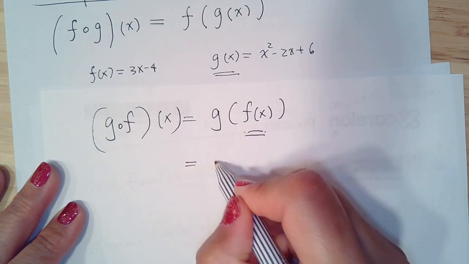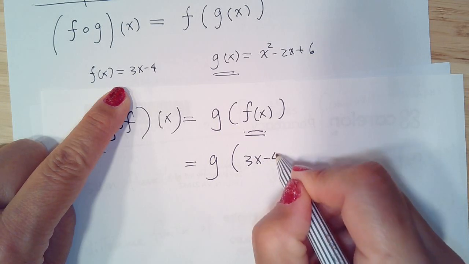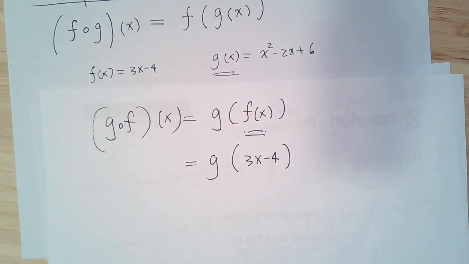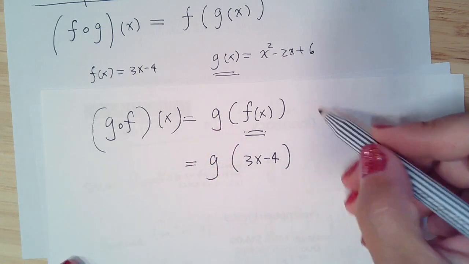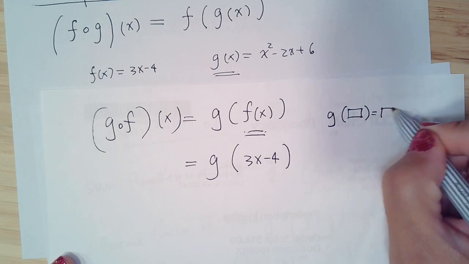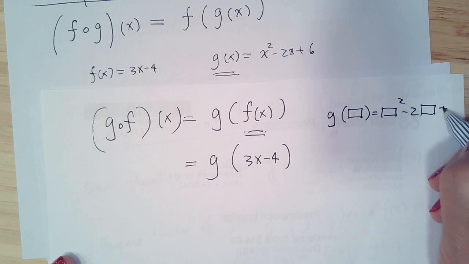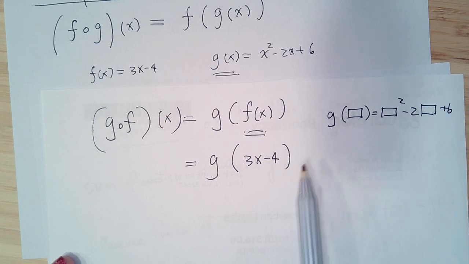So we get g of 3x minus 4, right? And then g of something will be that thing squared minus twice that, and then plus 6, right? That's given.